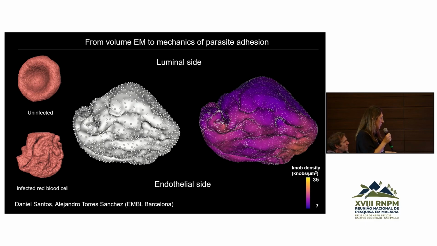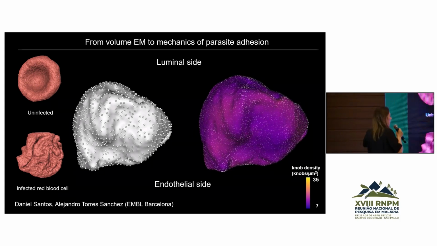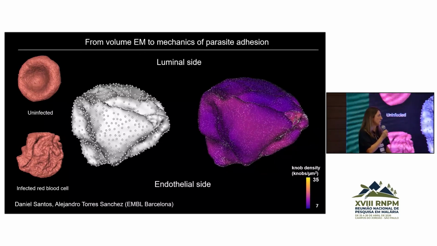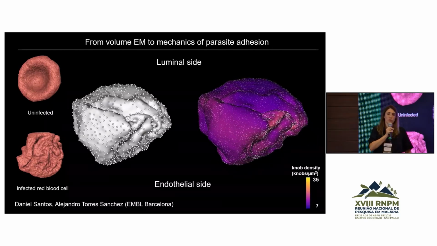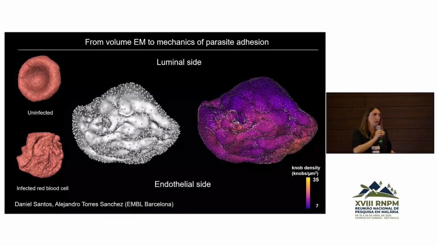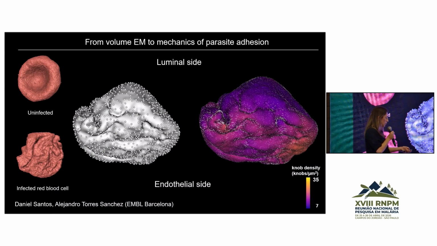And what they did is a very careful segmentation of the knobs. So they can identify very nicely where the knobs are in this infected red blood cell. And what really surprised us is that these knobs were not evenly distributed on the surface. They were much more enriched in these regions where the folds are.